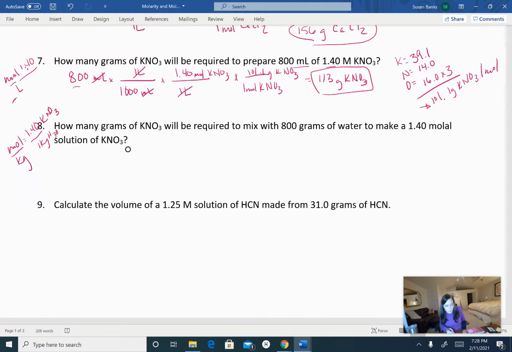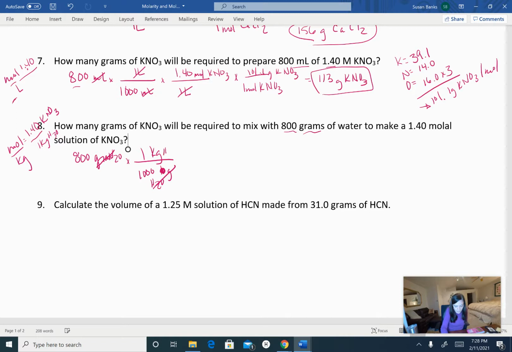Okay, so once again, I'm going to start with my grams, my 800 grams of water. I don't want grams of water. I want kilograms. So I have 1,000 grams of water in 1 kilogram of water. Sorry, I misspoke. So my grams of water cancel out.